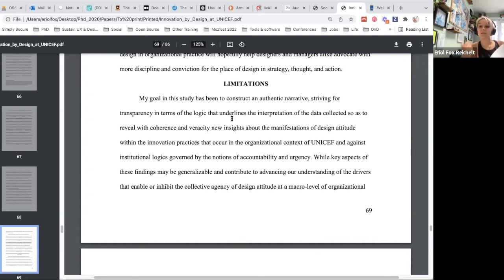But then again, like I said at the beginning, the case study doesn't seek to speak to the open source; it was the innovation project to observe design within at UNICEF. So understandable that it's not there, but also a little disappointing.